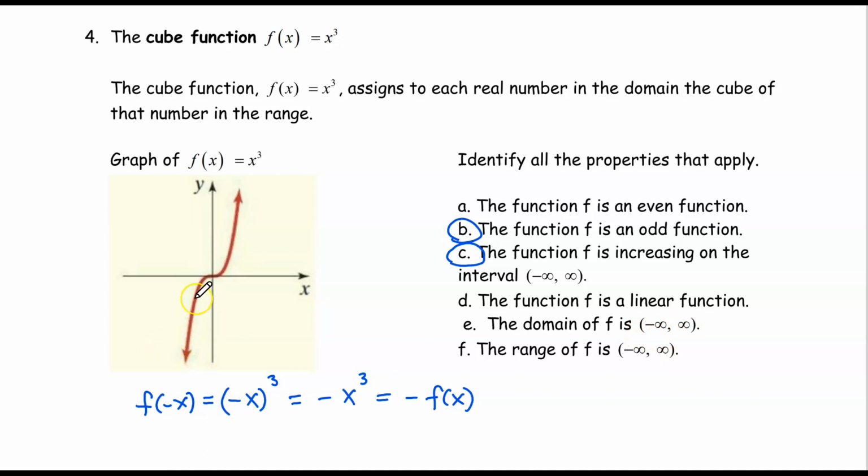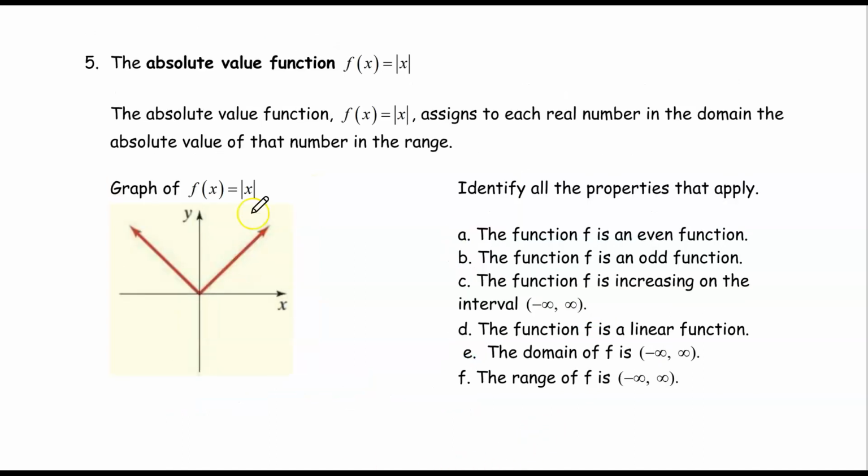And since this is continuous everywhere, there's no gap in the graph. There's an arrowhead here. That means the range of that function is also negative infinity to positive infinity. So domain and range is the set of all real numbers for the cube function y equals x cubed.